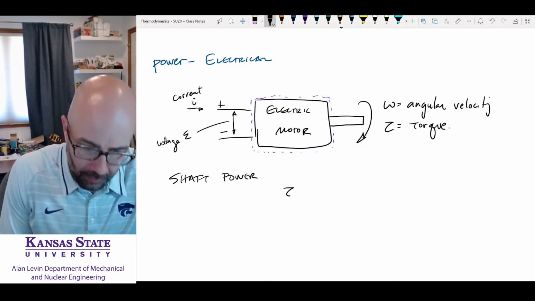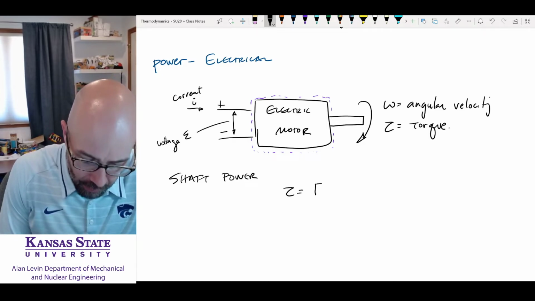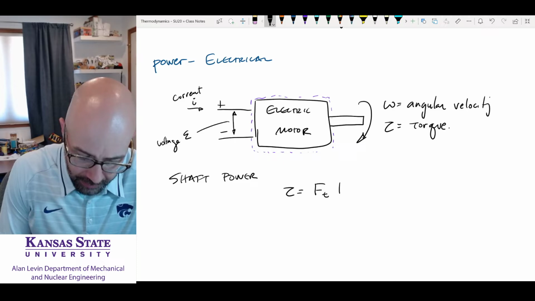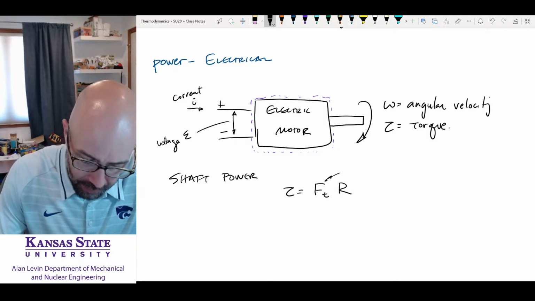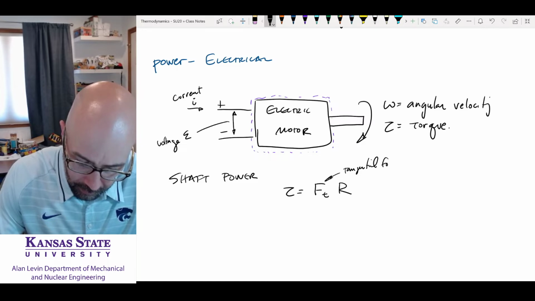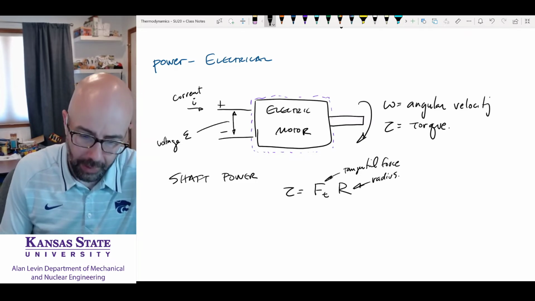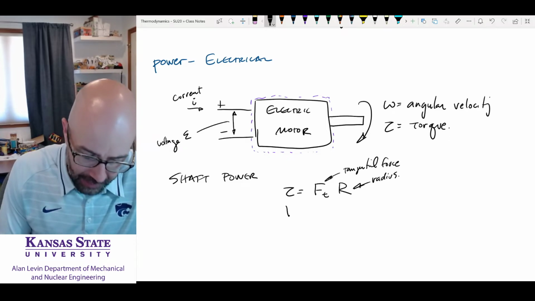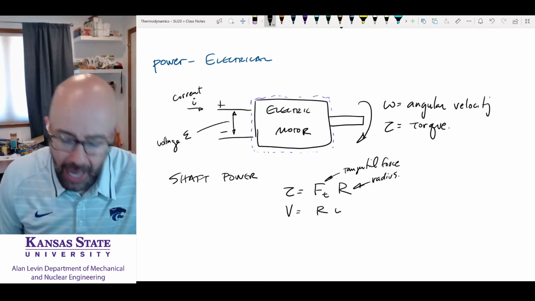Torque is going to be equal to the tangential force times the radius. And the velocity is going to be equal to the radius times the angular velocity.